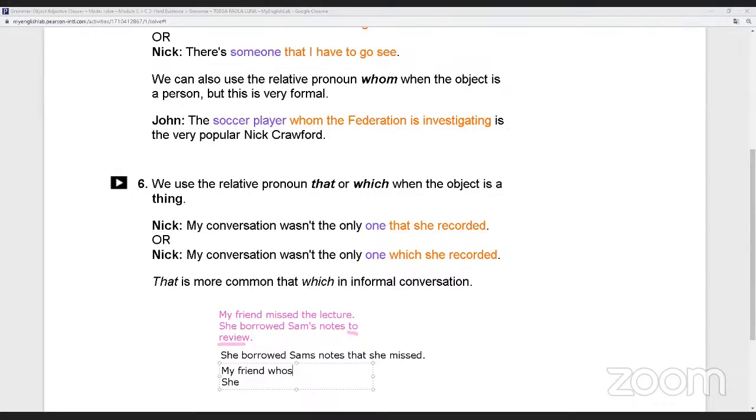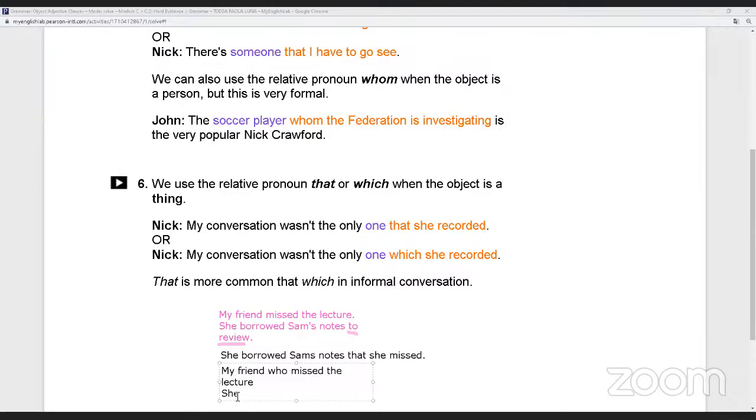I'm going to use the relative pronoun who, right? My friend who, what else do you think? Missed the lecture, borrowed Sam's notes to review.